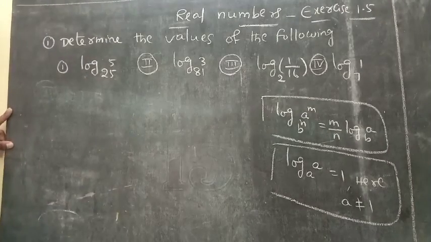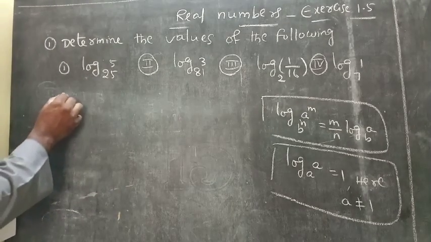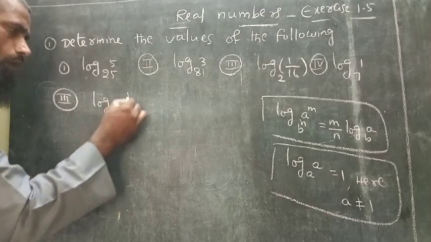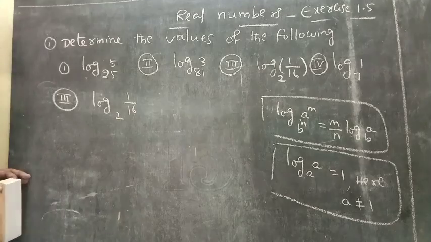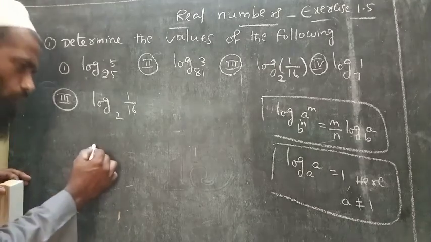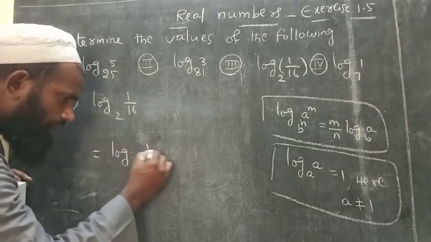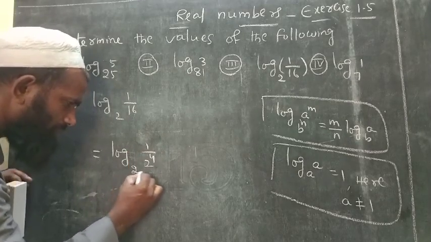Next, the third one. What is the third one? Log 1 by 16 base 2. Here 1 by 16 can be written as 1 by 2 power 4, base 2.